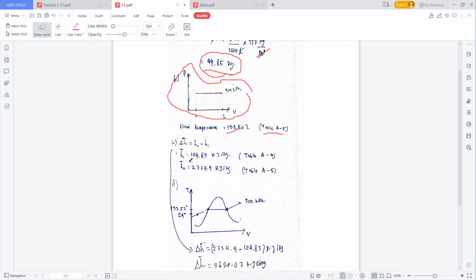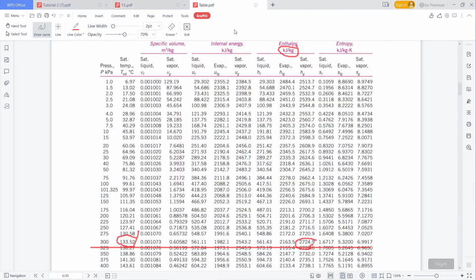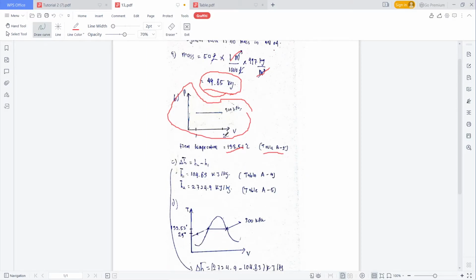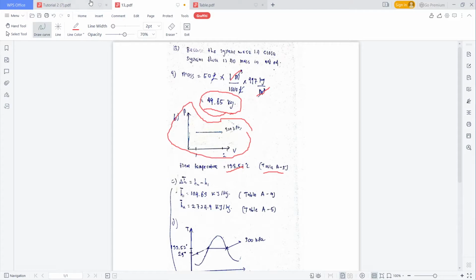Now, what is the value of H1? The value of H1, we can also define in the thermodynamic table. But first, we need to know the condition of the water at the initial state.